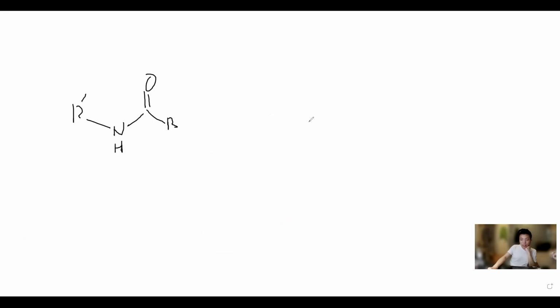We want hydrogens that are dissociable. And then we have deuterium, CDCl3.